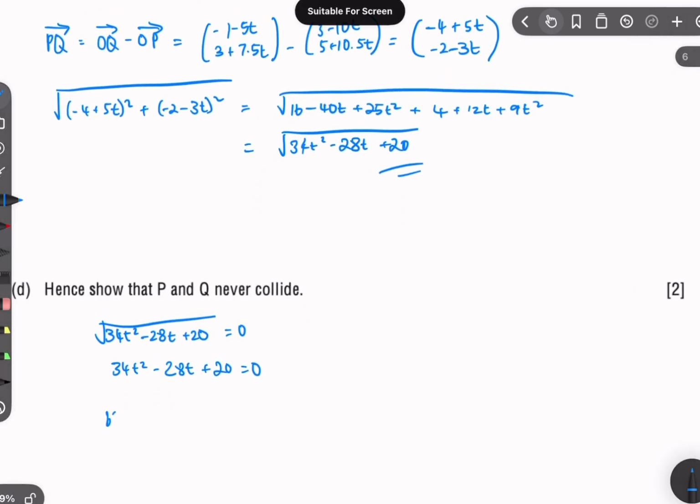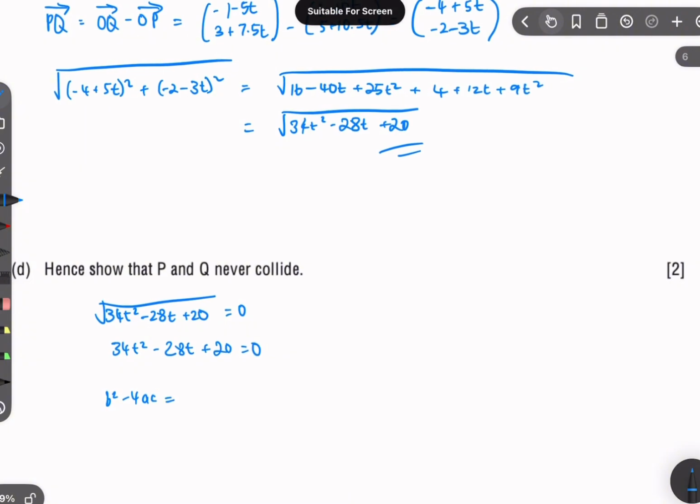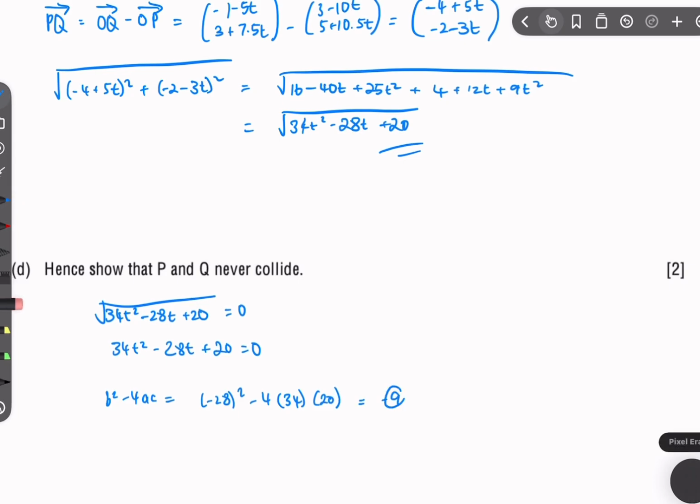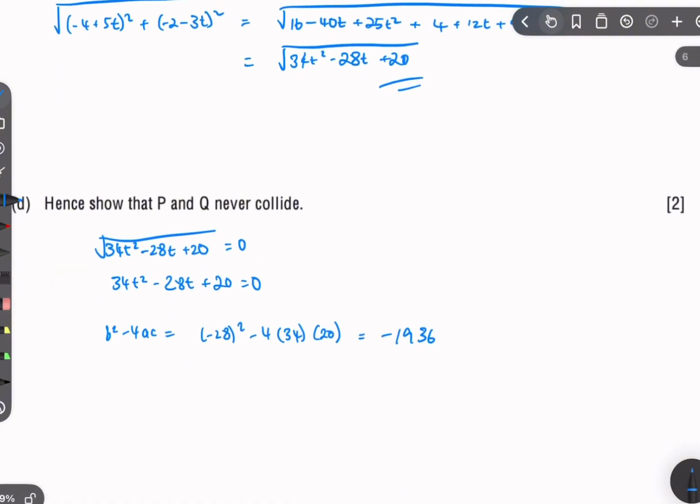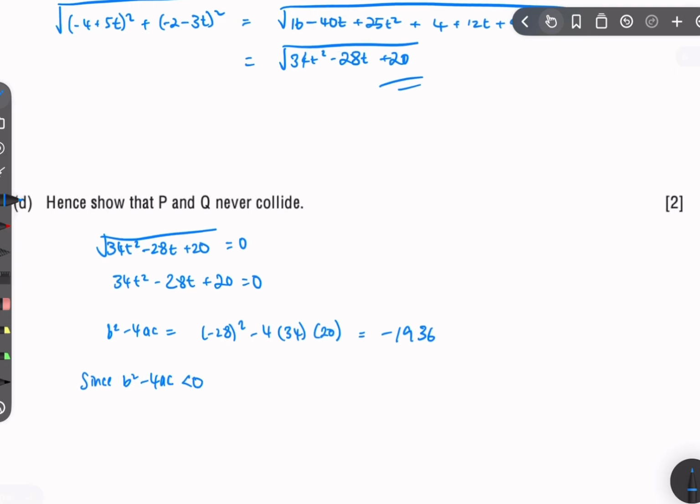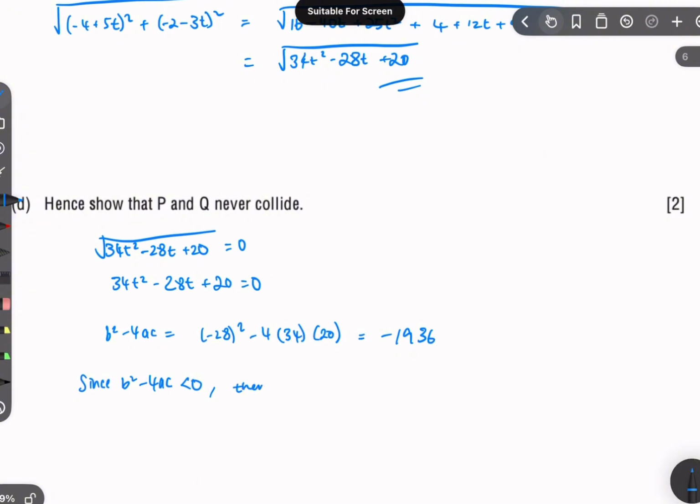Okay, we can use b squared minus 4ac. b will be minus 28, a is 34 and c is 20. And this should be minus 1936. So since b squared minus 4ac is less than 0, there are no real roots.